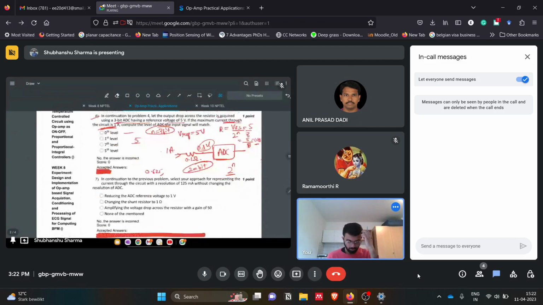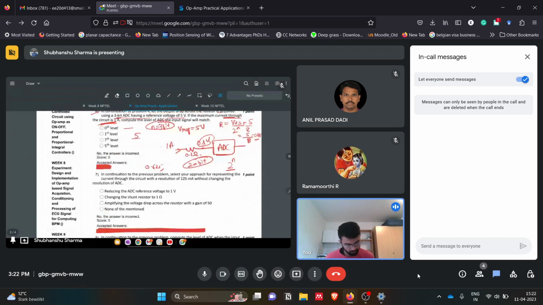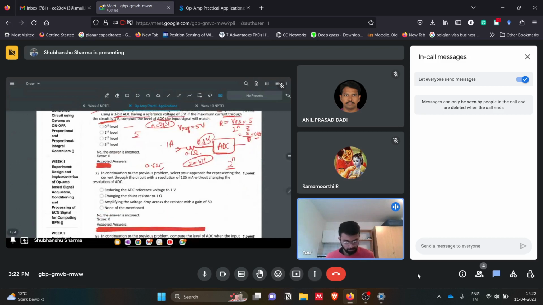So we'll move to the next question. In continuation to the previous problem, question 6, it says: select your approach for representing the current through the circuit with a resolution of 125 milliampere without changing the resolution of the ADC. So how can they do that? If a 125 milliampere current goes through a 0.1 ohm resistor, this will be 12.5 millivolts.